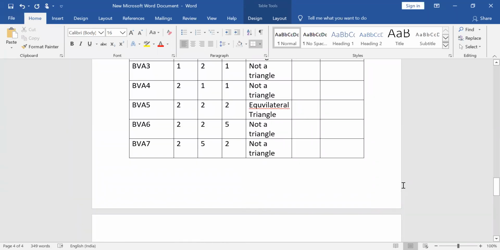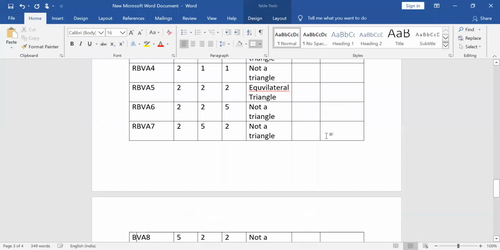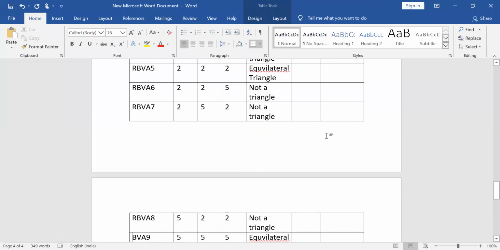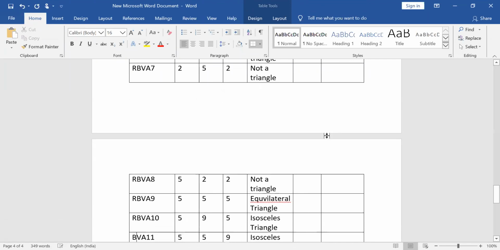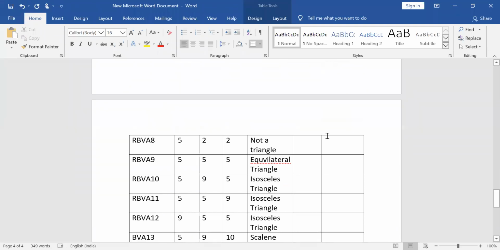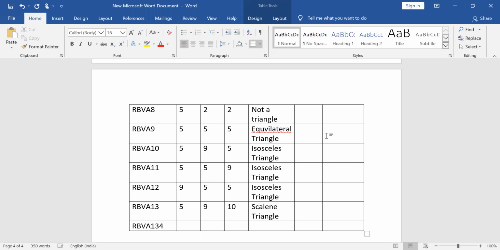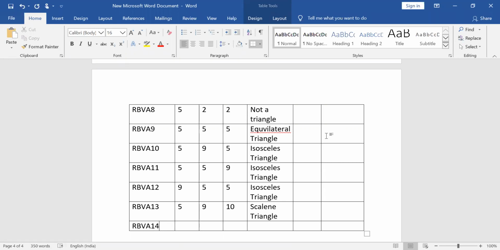Now, I'll just add R. The extension version of your normal boundary value is nothing but your robustness. So I'll add RBVA, that is robust boundary value analysis, case 14. I need to consider six more cases.